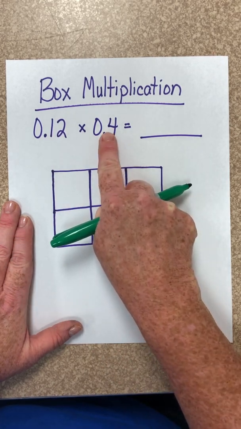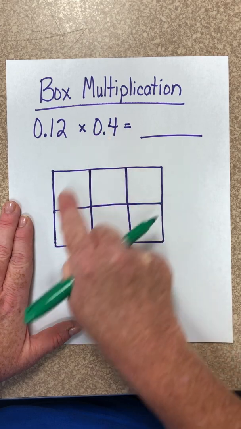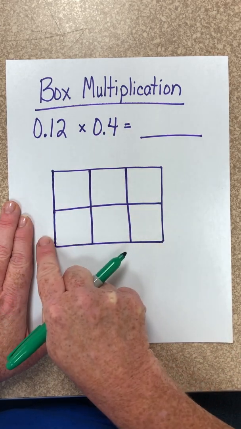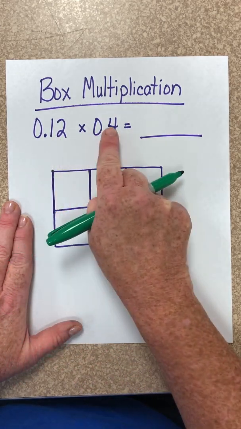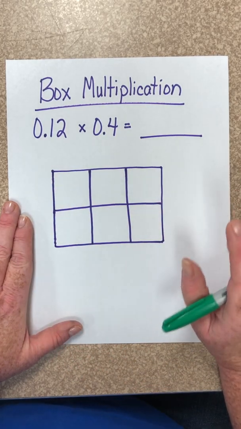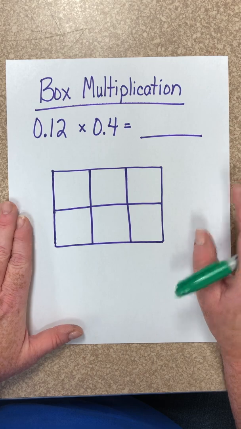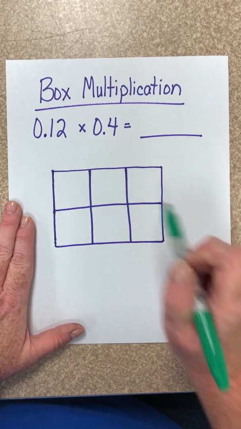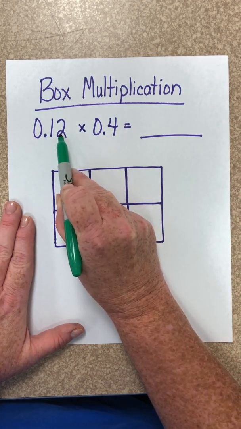The second factor has 2 digits, so I have 2 rows. Now, when I put these numbers around the box, I have to ignore the decimal points, just for now. So then that means this is 2.